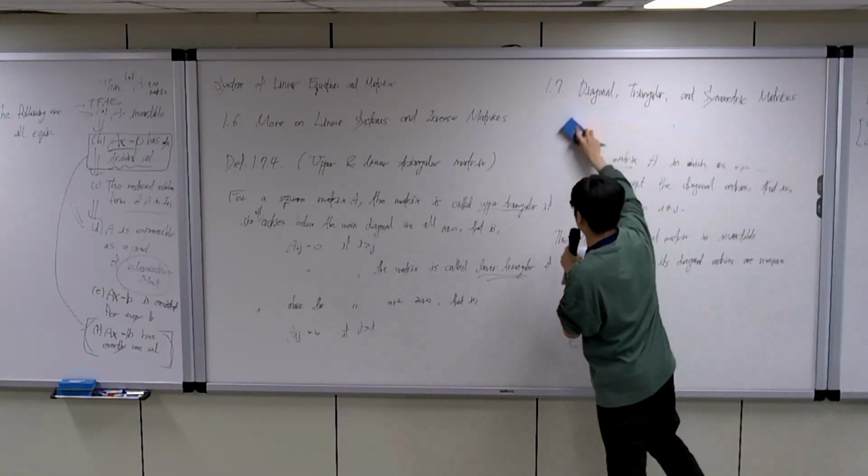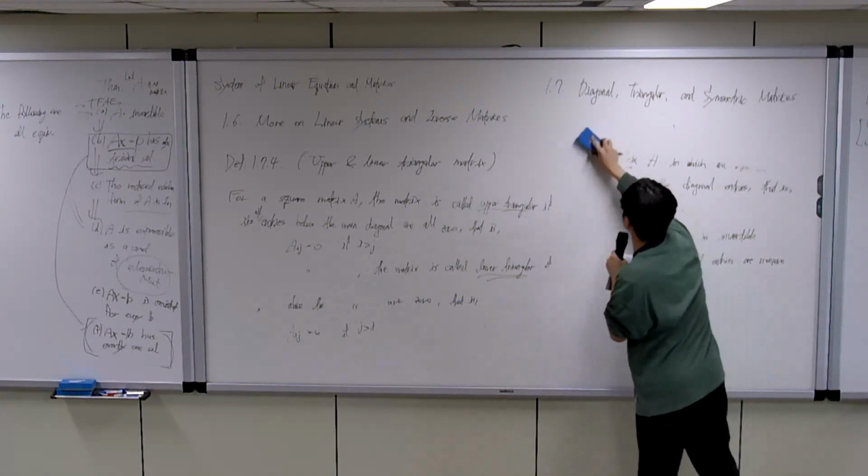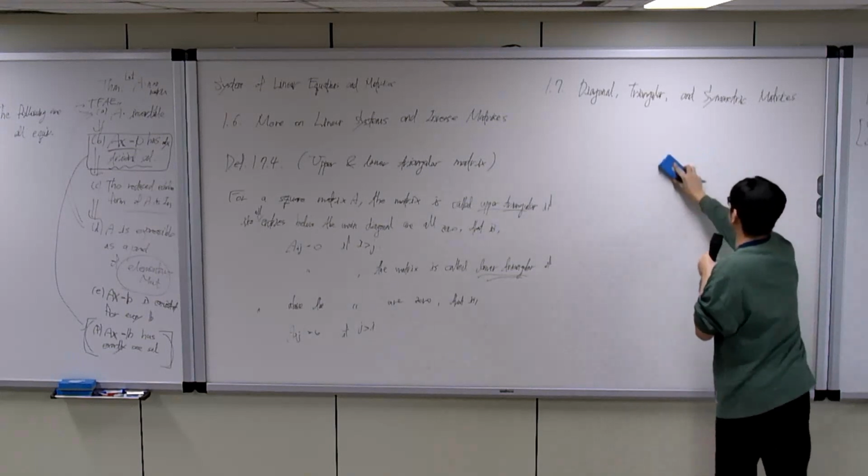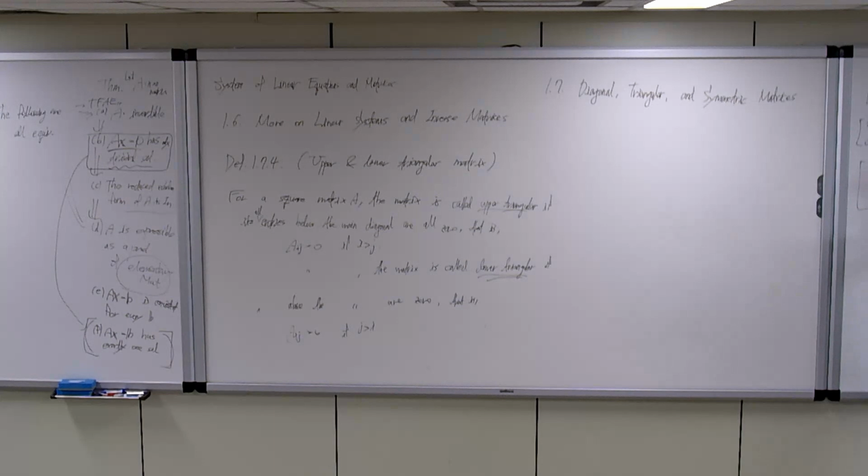So if I give an example of these matrices, if there is only the upper triangle side, then it is an upper triangular matrix, and conversely, if it has entries on the below side of the main diagonal and on the main diagonal, then it is called a lower triangular matrix.